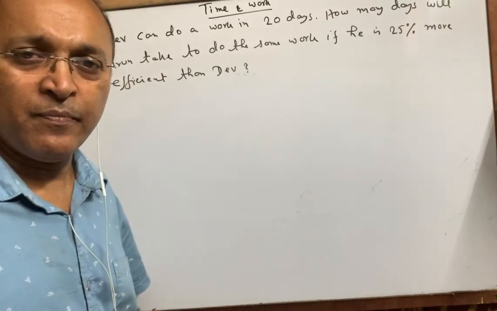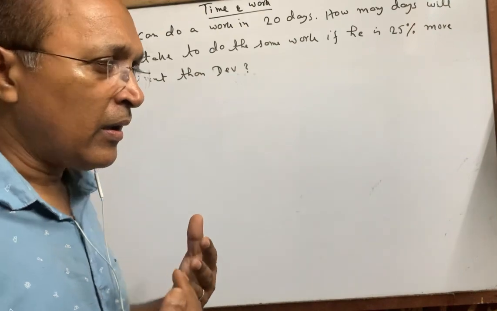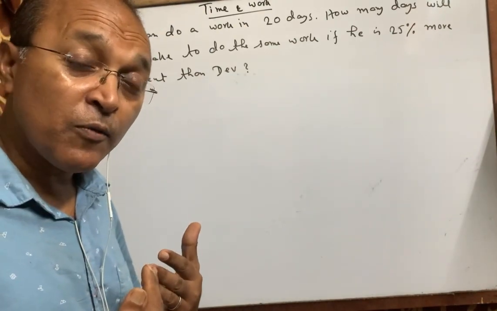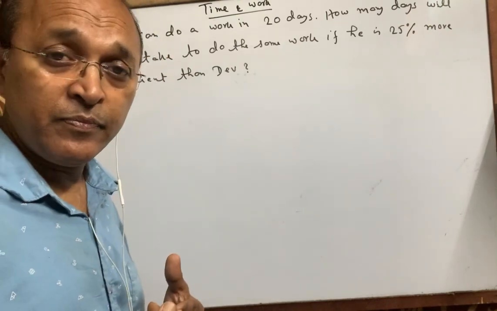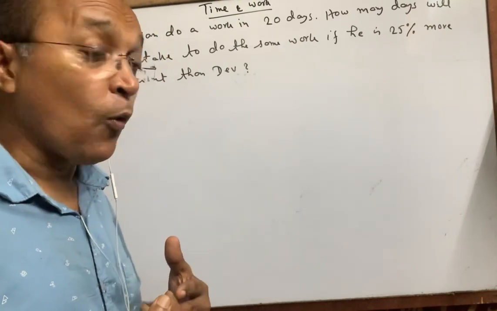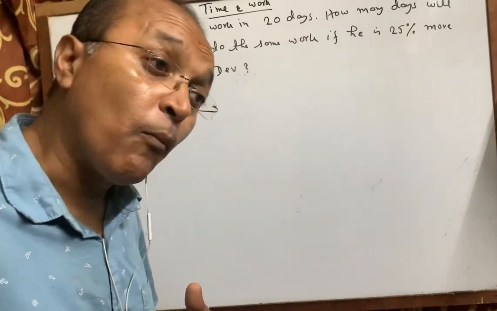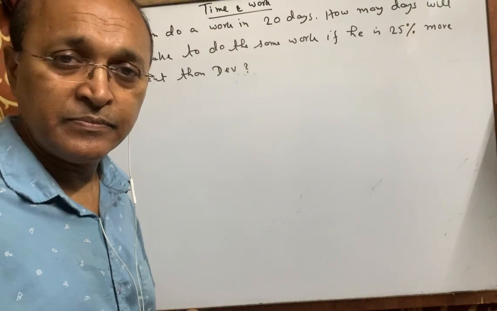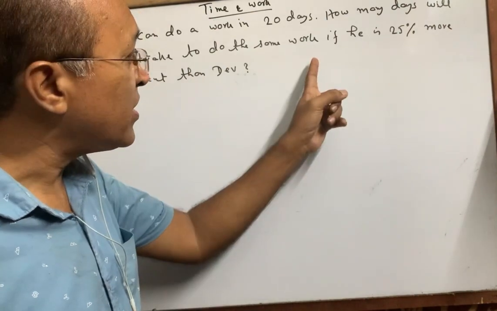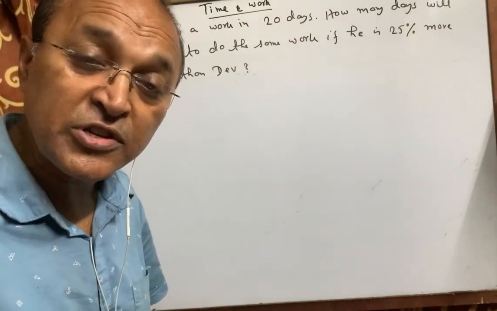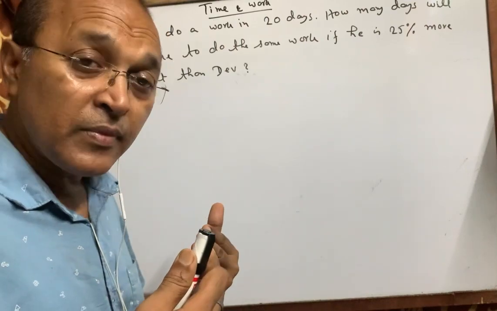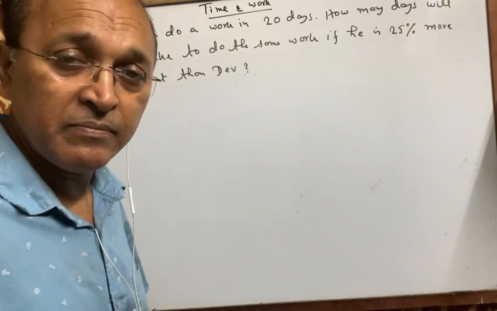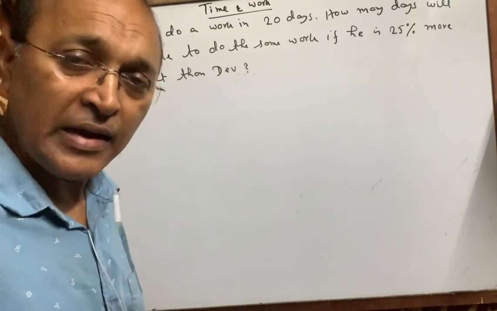It means in the same time, whatever work will be done by Dev, Arun will do 25% more work. Okay? Because Arun here is 25% more efficient. So he is able to do 25% more work in the same time than Dev, right?